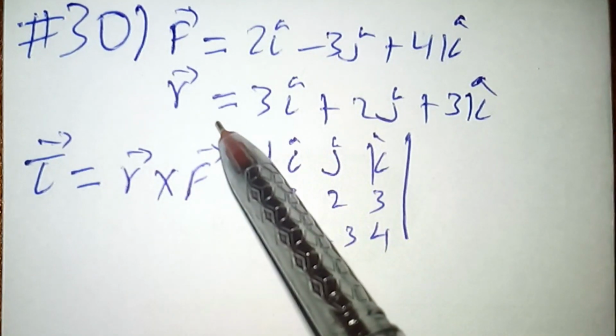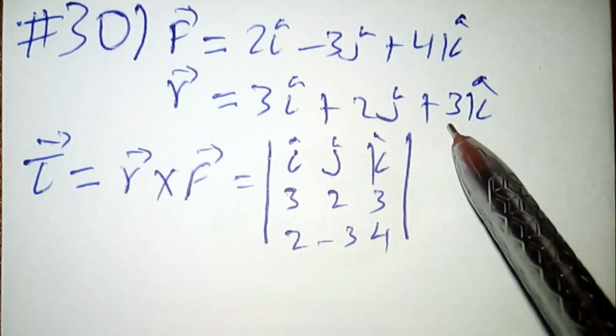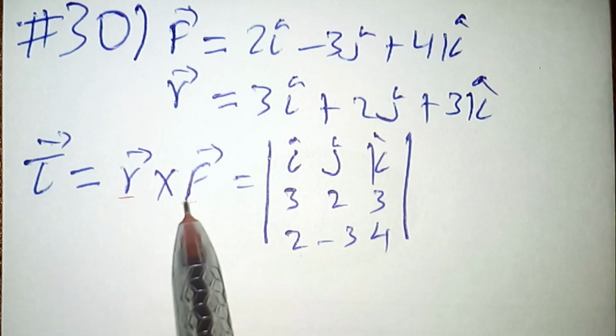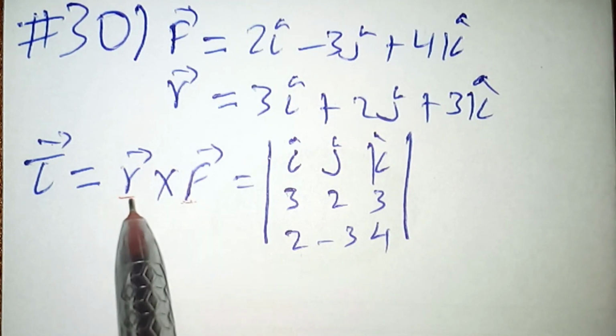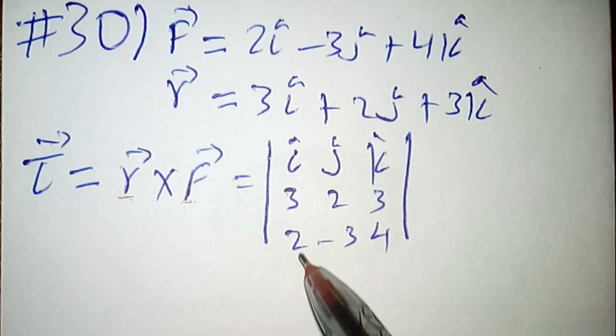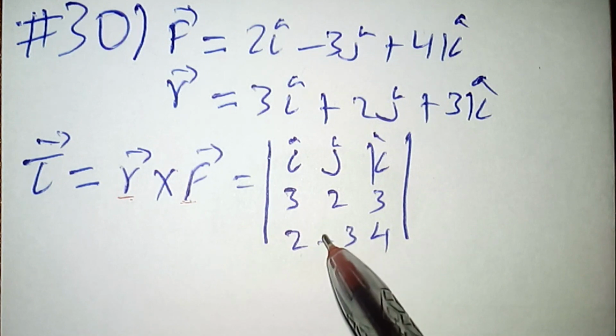The torque produced by the force F at a distance of r from the origin is the cross product of r and F. That means the cross product of the force and the perpendicular distance from the axis of rotation, which is at the origin. So directly we can use the determinant form.